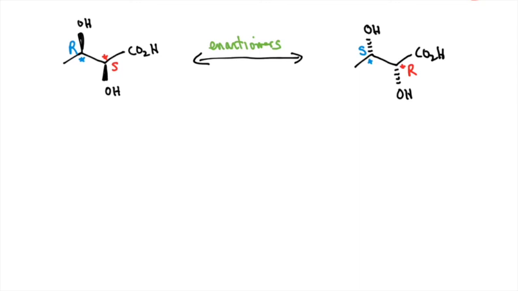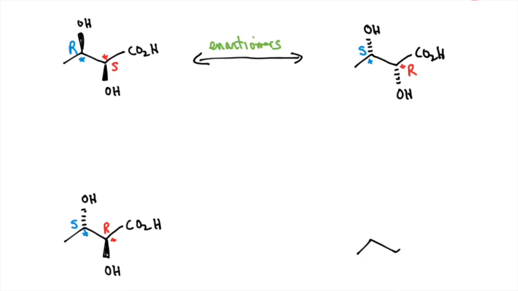All right, so now let's draw a molecule in which one of the stereocenters is a dash, and one of them is a wedge. So let's do this one where the OH is a wedge on the bottom, and on the top it's a dash. In this case, again, we have two stereocenters, the red and the blue. The blue one is going to have a configuration of S. The red one is going to have a configuration of R. Let's draw the other possibility.